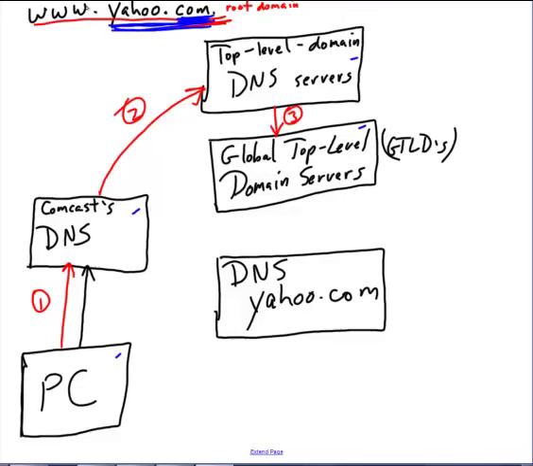It's not uncommon for an organization to buy DNS hosting from somebody else. But for simplicity, let's just say that yahoo.com actually maintains the machine that this server is running on, which means they can add computers to it, new host names within that domain, as much as they like, because they have control of everything inside that domain.